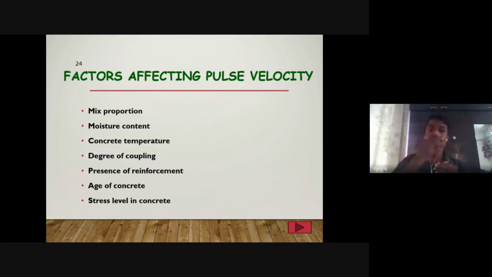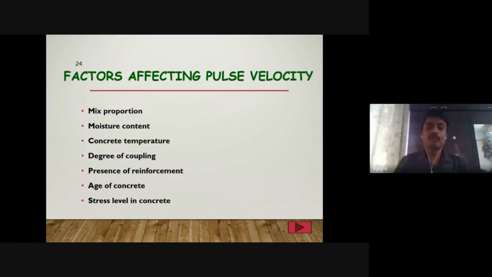In normal ultrasonic pulse velocity, you will have a simple transducer and receiver, similar to your car tweeters, the smallest speakers, right? You keep them on any surfaces or for direct transmission. Similarly, in time of flight diffraction, you have a wedge-like arrangement, with a pair of transducers on these wedges.